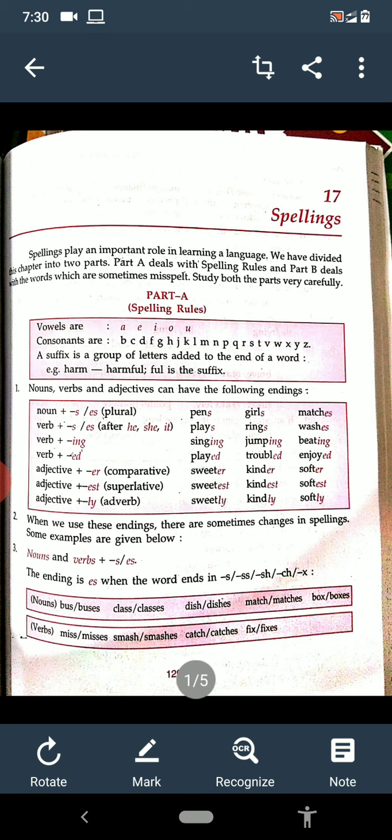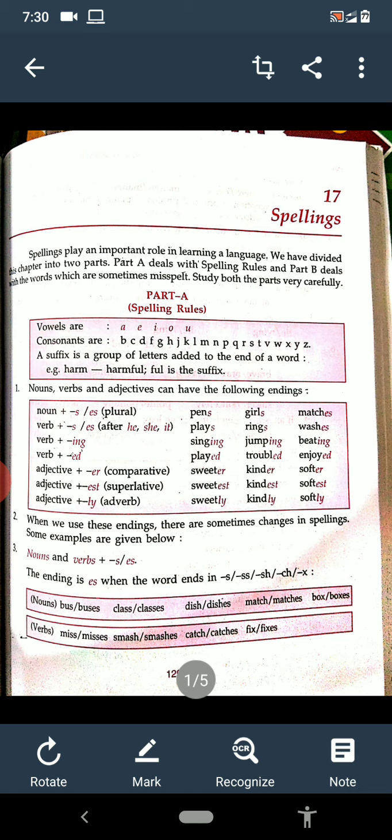Now see here, nouns, verbs and adjectives can have the following endings. Noun, S plus ES. If we add S or ES to any noun, then it will become plural from singular. Then it is pen, pens, girl, girls, match, matches, boy, boys.